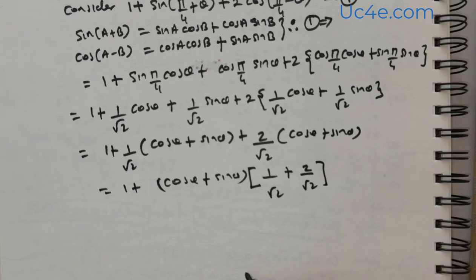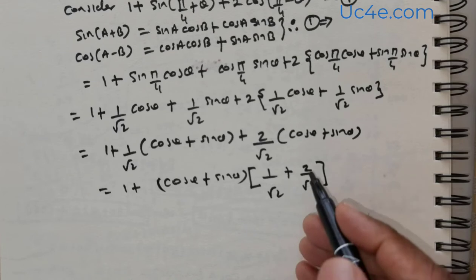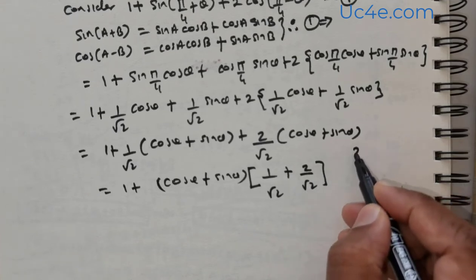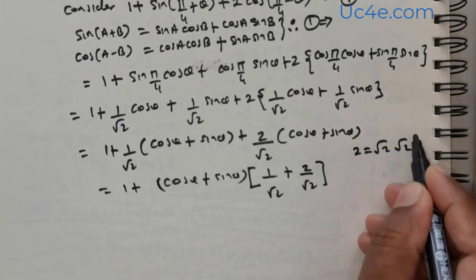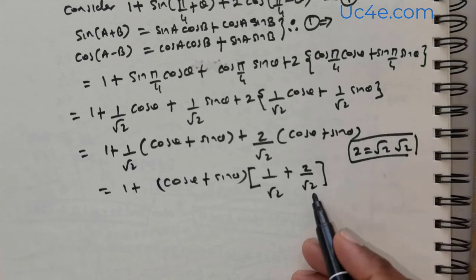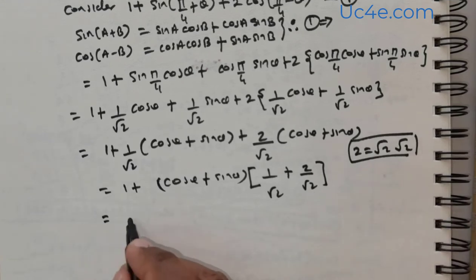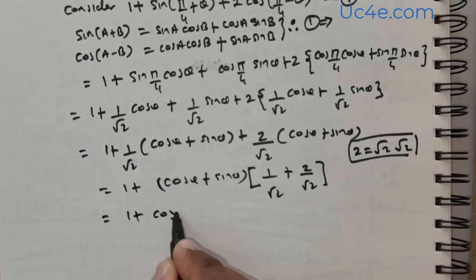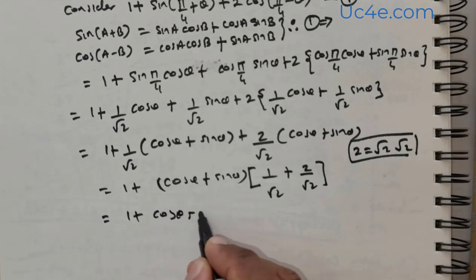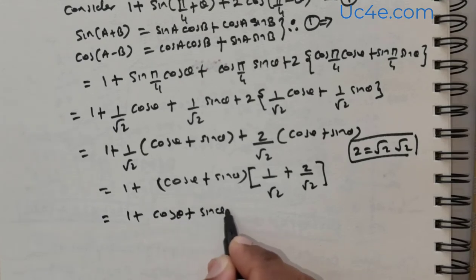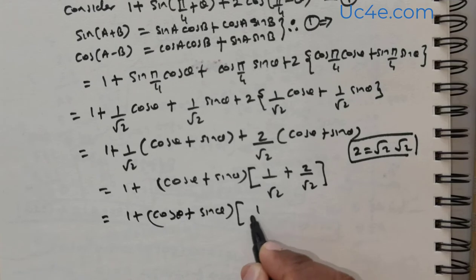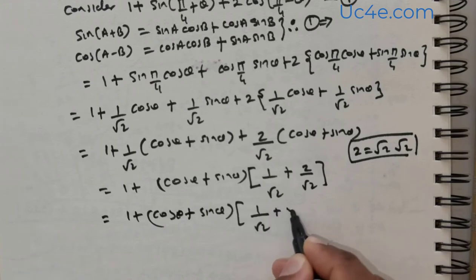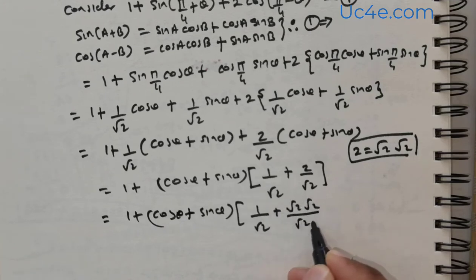So this is what I have got. Now what I wish to do is I would like to actually write this 2 as root 2 times root 2, so that this can be rewritten as 1 positive cos theta positive sin theta times 1 over root 2 positive root 2 into root 2 divided by root 2.